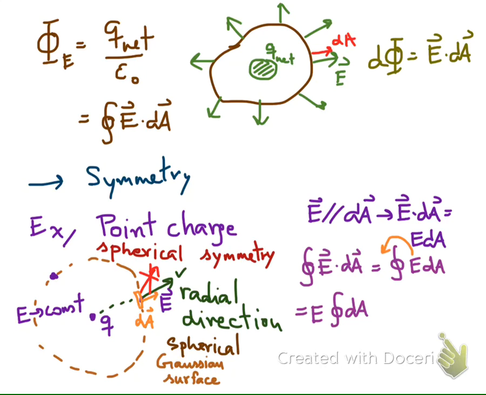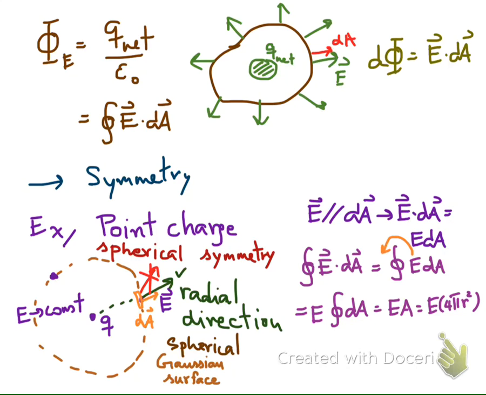But what is the integral over the closed surface of dA? It is just the surface area. So we have EA, where the spherical surface area is 4 pi r squared. So this is equal to E times 4 pi r squared.